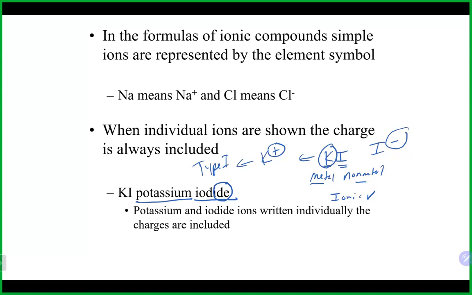Again, by potassium giving away its electron and iodine gaining its electron, they both achieve noble gas configuration, and they make a nice stable bond. And that is really the whole purpose of all bonding, both ionic and covalent, for things to get to the same electron configuration as noble gases.